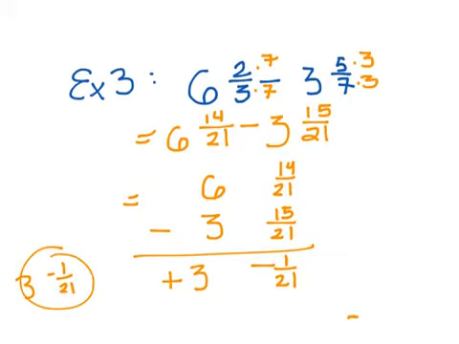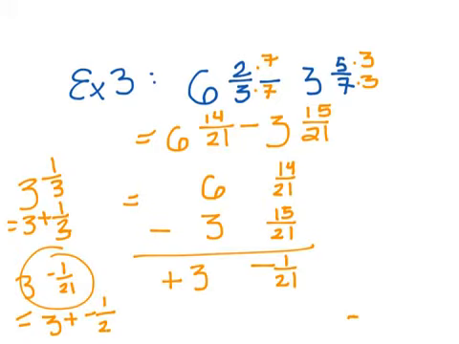Okay, but what's actually happening, guys, if I was having 3 1/3, that's the same thing as 3 plus 1/3. In this bottom, the same thing is happening. I have 3 plus a negative 1/21. So how do I do that? Let's break this 3 into a 2, and one of the wholes, I'm going to break it down into 21/21.